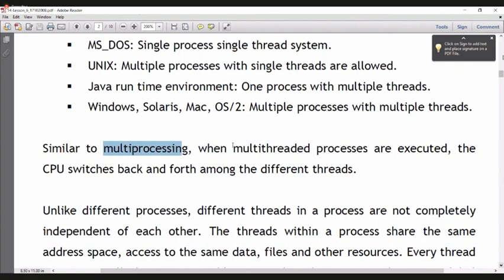But when you come to the thread concept, within a process you have many threads, so you can run them in parallel, multi-thread.